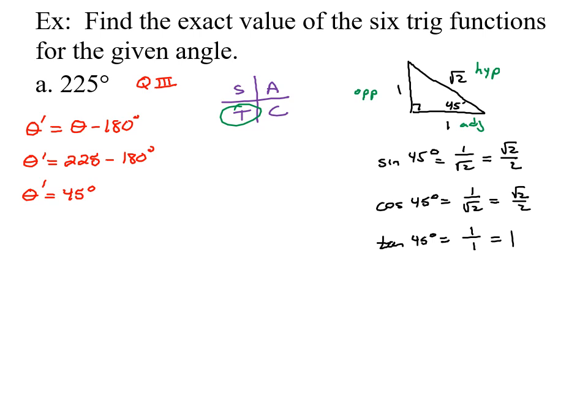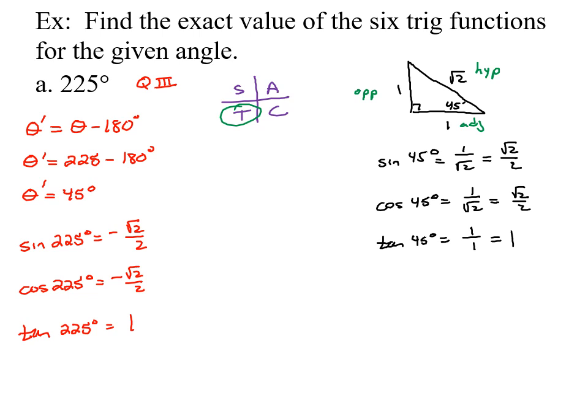So when I write my answers, I'll say that sine of 225 is the same thing as sine of 45, but since it's in quadrant 3, it has to be negative, so it's negative root 2 over 2. And cosine of 225 would be the same thing. They're both negative in quadrant 3. But tangent being positive, I actually get the same positive 1 that I got when it was just 45.